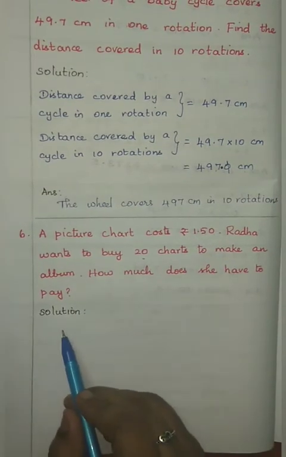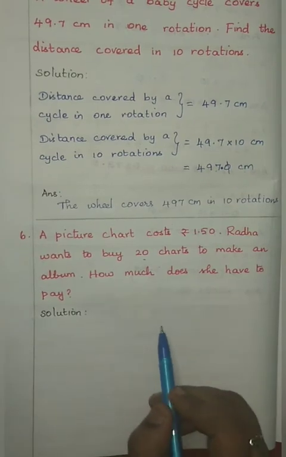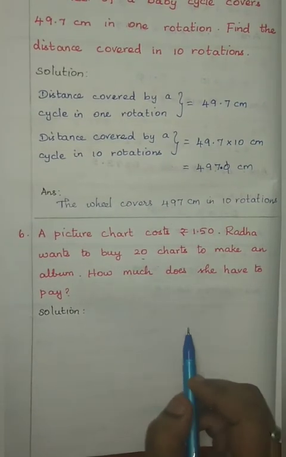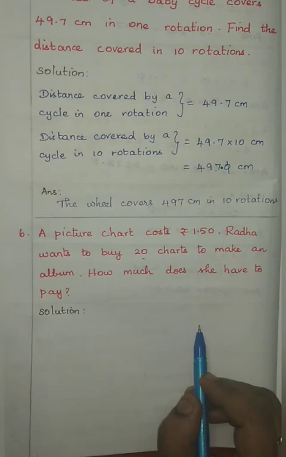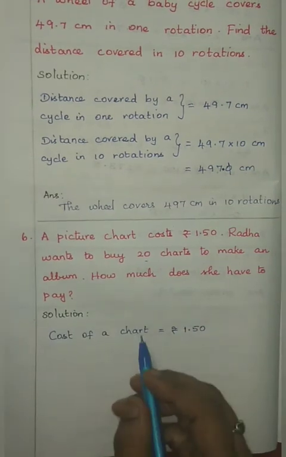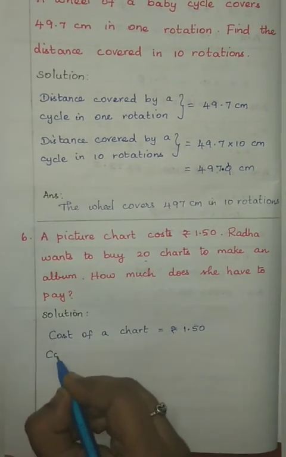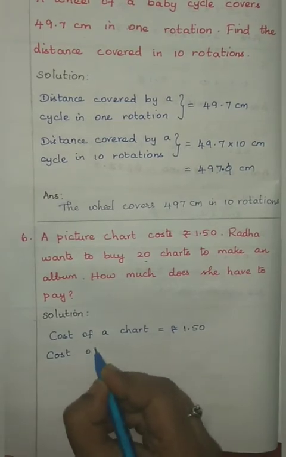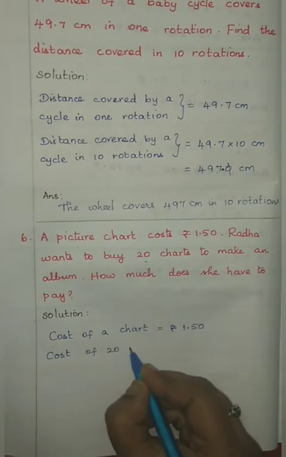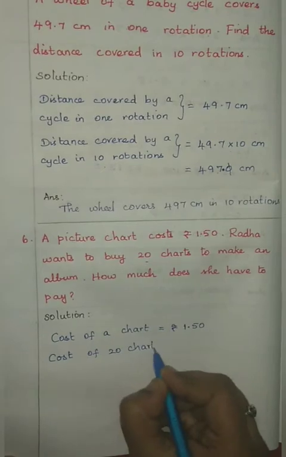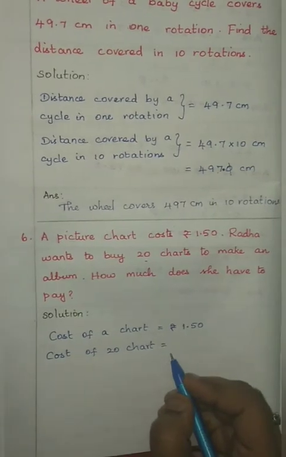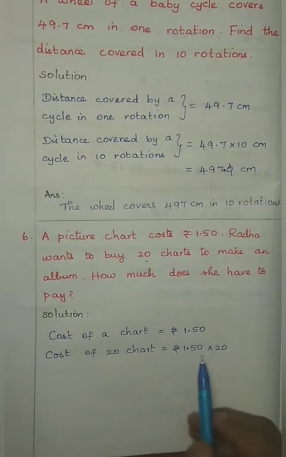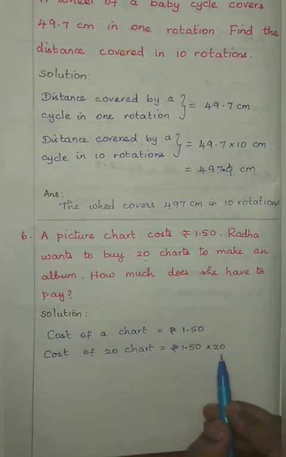So the first statement, write cost of a picture chart equal to rupees 1.50. She needs 20 charts. So let us find the cost of 20 charts by multiplying 20 and 1.50. Here one is a decimal number, the other one is a whole number.